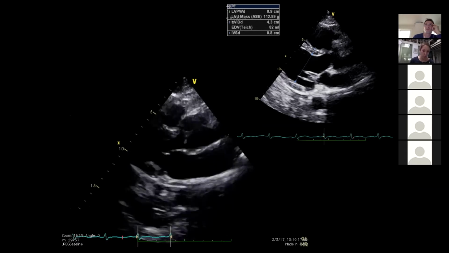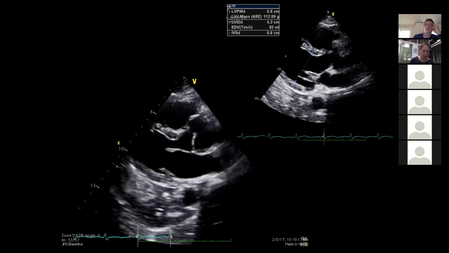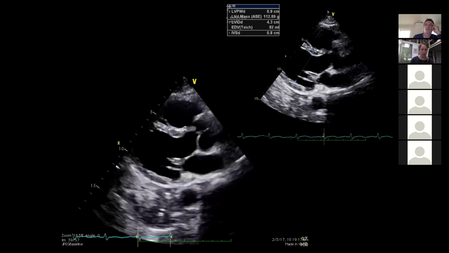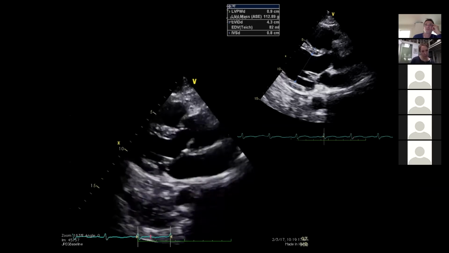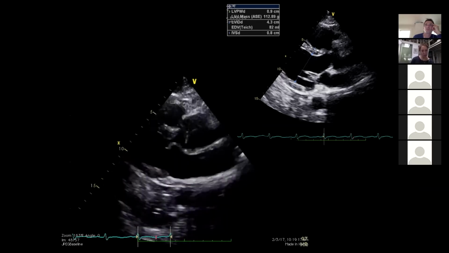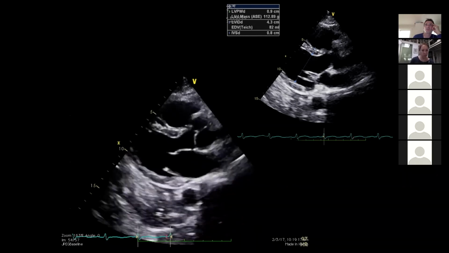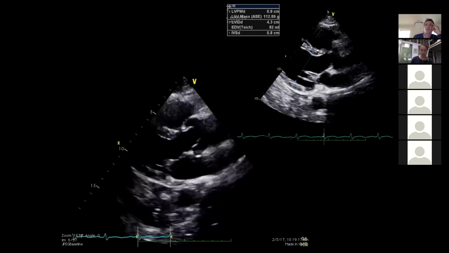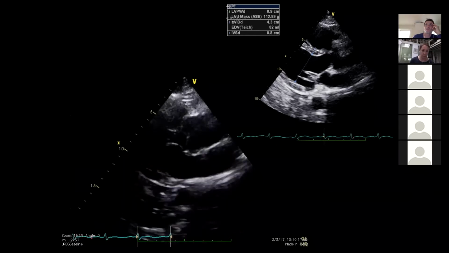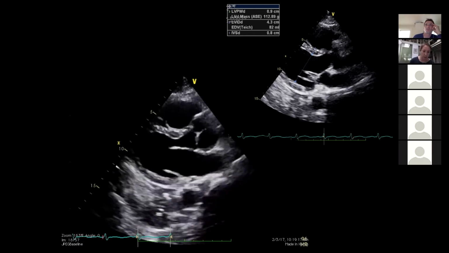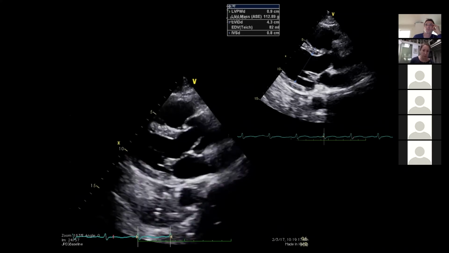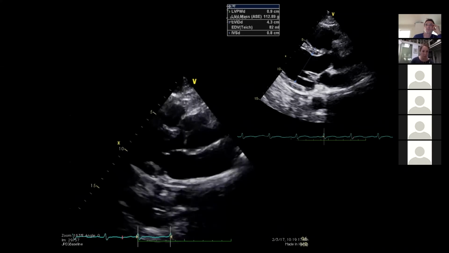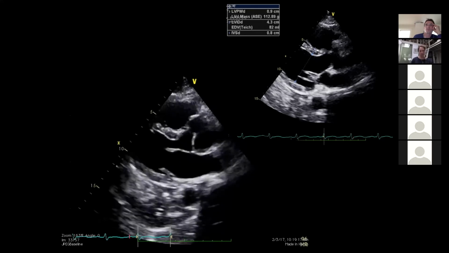The LV wall thickness and cavity size appears normal. I'm not getting a really good image of the anteroseptal wall, but the inferolateral wall appears to be contracting and thickening quite nicely. So this doesn't show evidence of severe LV dysfunction. The aortic valve and the mitral valve appear to be normal leaflet thickness and probably moving quite normally as far as I can tell from these images.